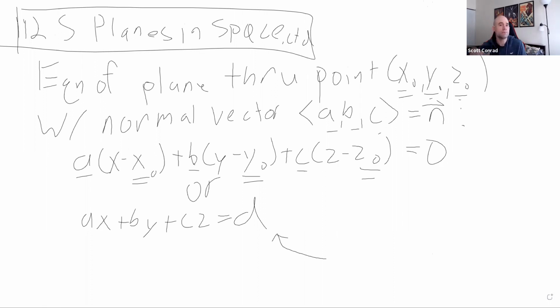You don't have to know this, but it is nice to know that that constant d is just the position vector for your known point dot the normal vector.